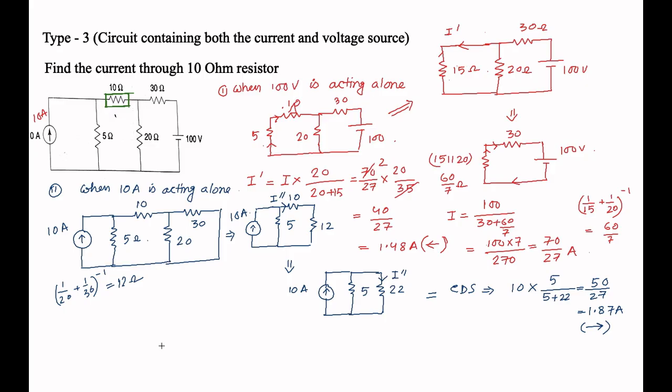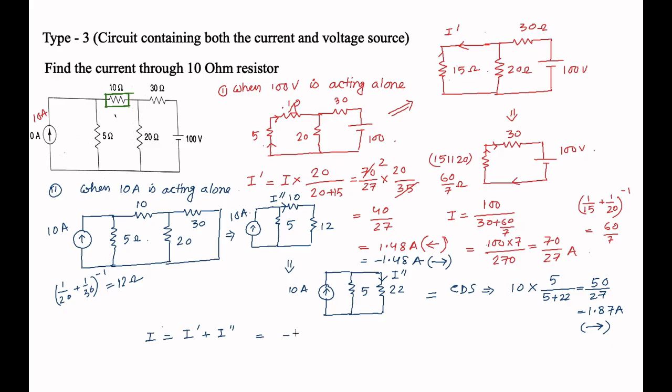So what is the resultant current? I dash is 1.48, right to left, so it becomes minus 1.48 if we consider left to right. Now the current I flowing through this 10 ohm is nothing but I dash plus I double dash.